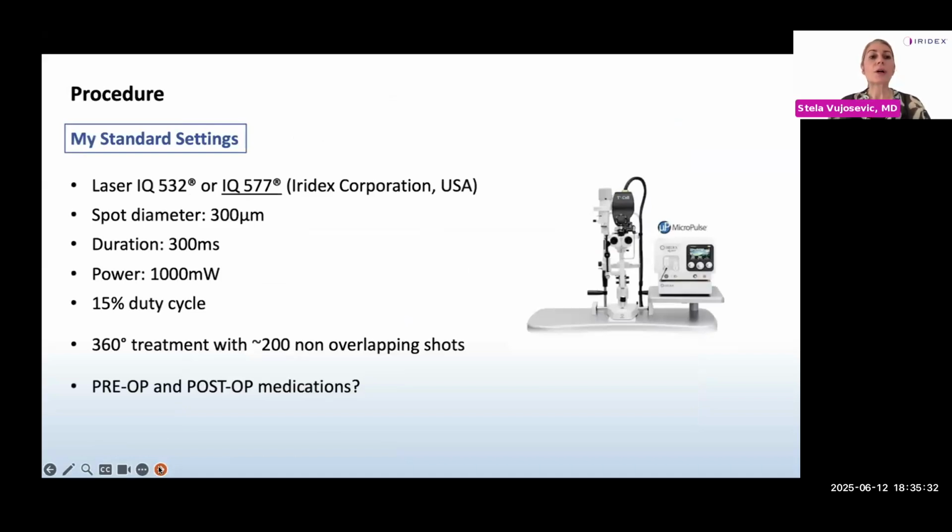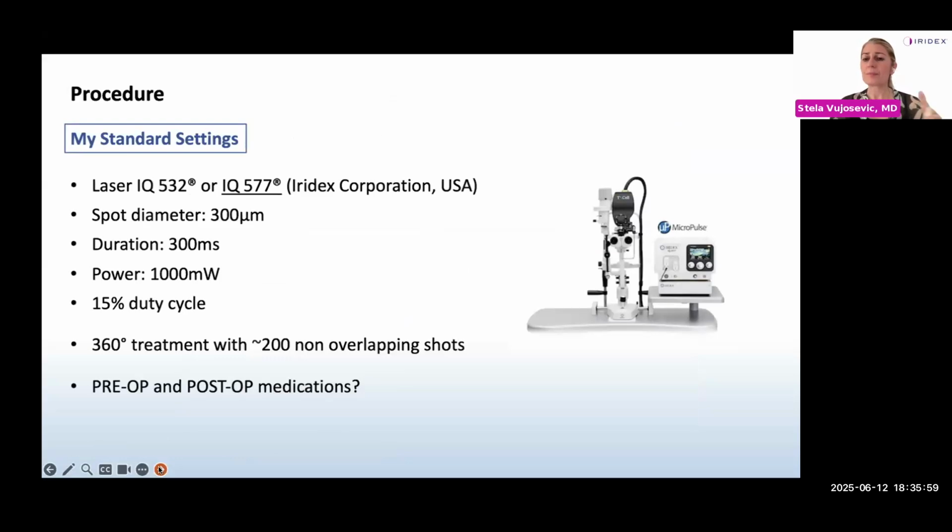Here I show you my standard settings that I use with the laser IQ. There are two wavelengths, 532 nanometers, but I mostly use 577 nanometer. It is the Iridex laser. The spot diameter is 300 micron, duration 300 milliseconds with 15% duty cycle. It is the longest duty cycle.